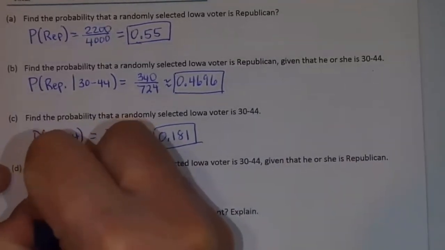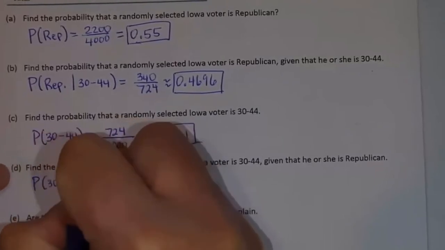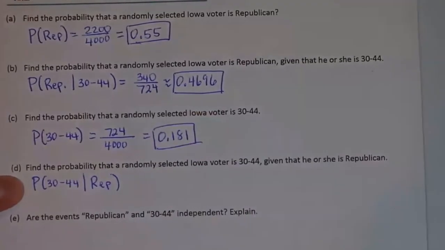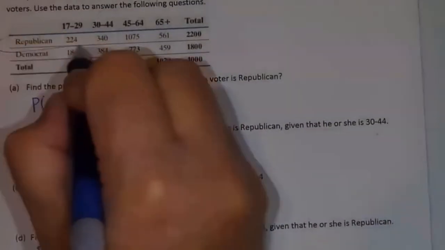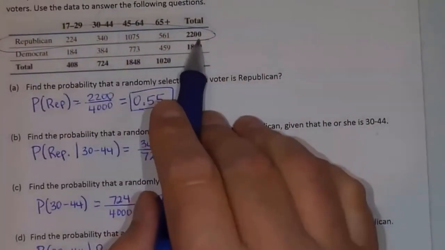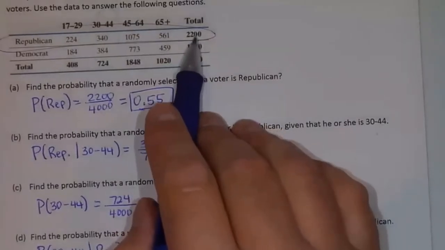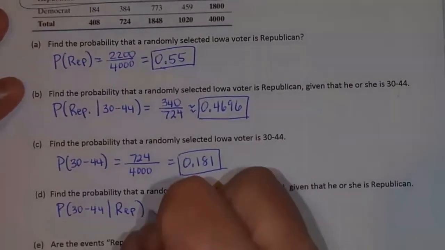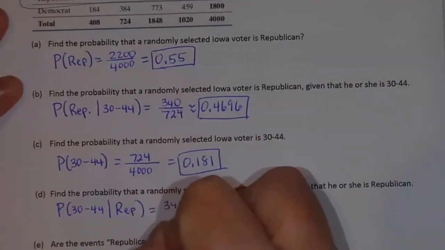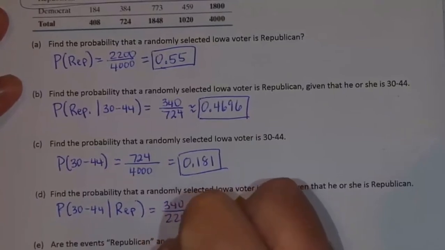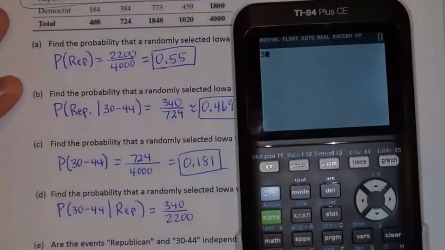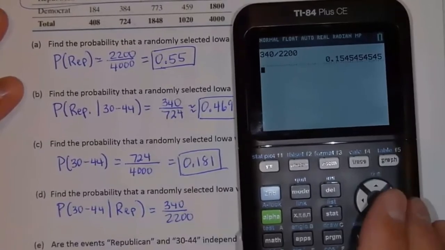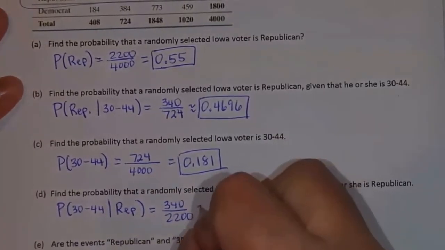If I'm given they're a Republican, then I'm only looking at these 2,200 individuals. Of those 2,200, 340 are 30 to 44. So that's 340 out of 2,200, or 340 divided by 2,200, which is 0.1545 if I round to 4 places.